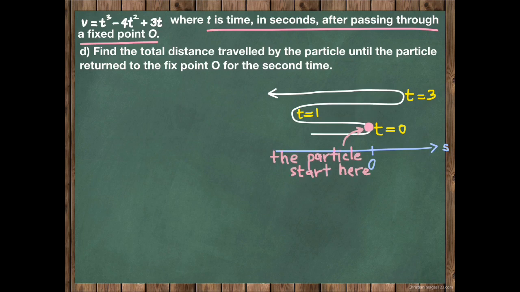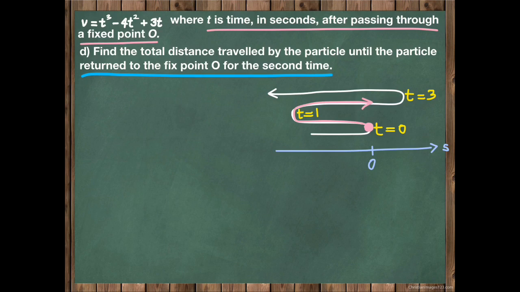So the particle starts moving to the right and then turns at t equal to 1 and then returns to the origin for the first time here. Since the question asks you to find the distance traveled until the particle returns to the fixed point for the second time, the particle continues traveling to the right, makes a turning point at t equal to 3, and finally reaches the fixed point O for the second time here.